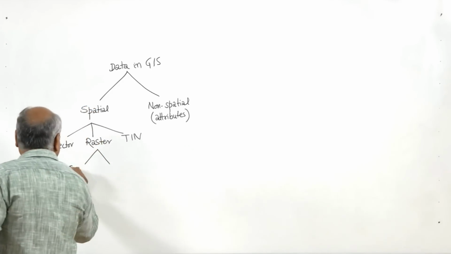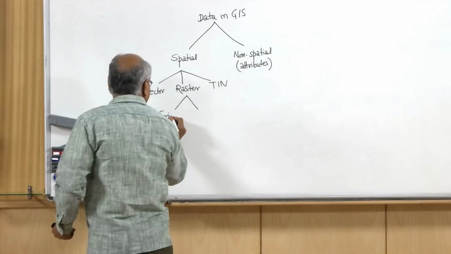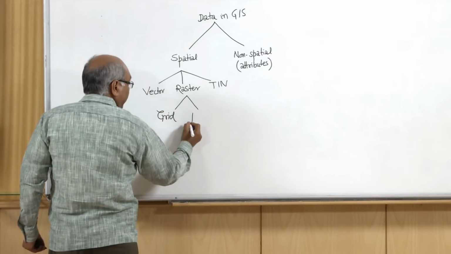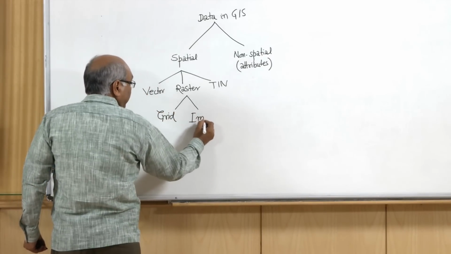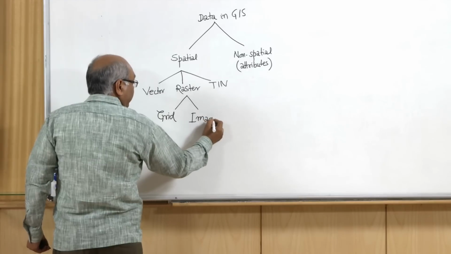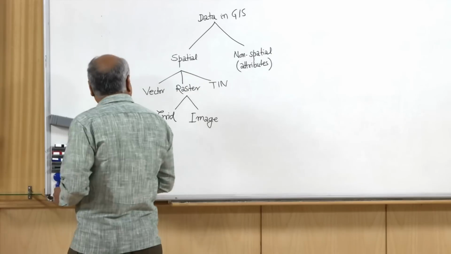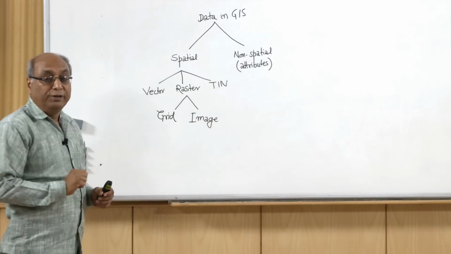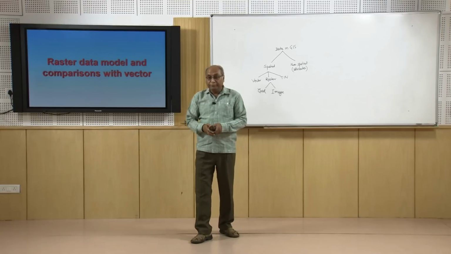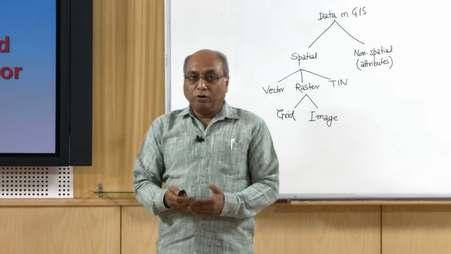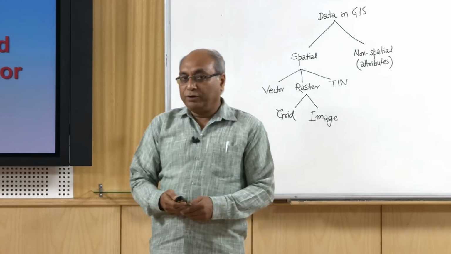Now in this lecture we will be discussing what raster data is and the types of raster data. Raster data has two types: one is grid type data and the other is image data. There are not many differences between these two, but the differences must be understood very carefully, because otherwise analyzing or handling such data may give you some problems.